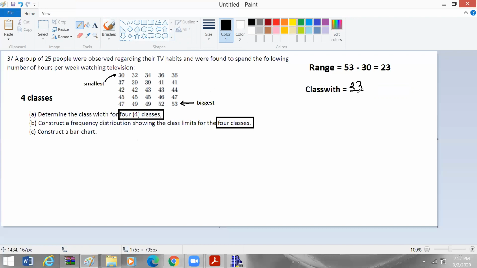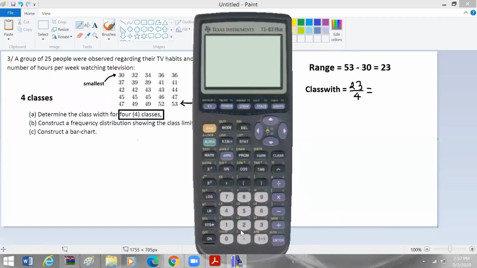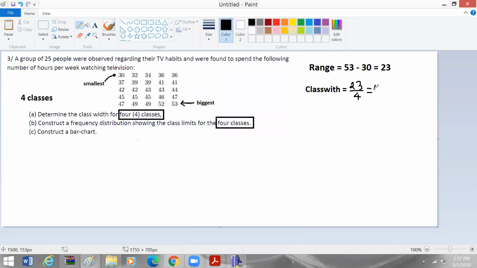So 23 over 4. On a calculator, 23 divided by 4, I got 5.75.